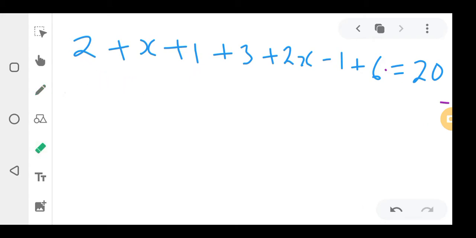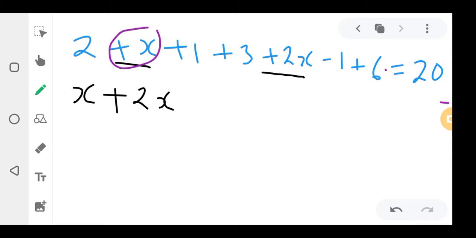So plus x comes here, and the next one, plus 2x, comes here also. When you are done grouping the letters, x and 2x, what remains is 2 plus 1 plus 3 minus 1 plus 6.